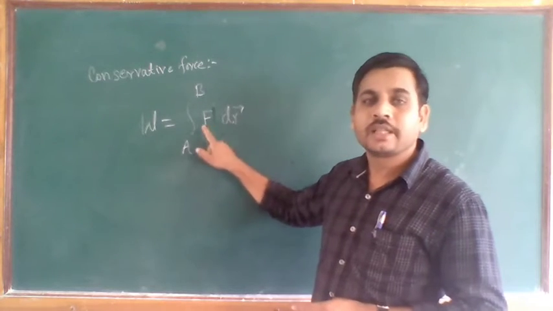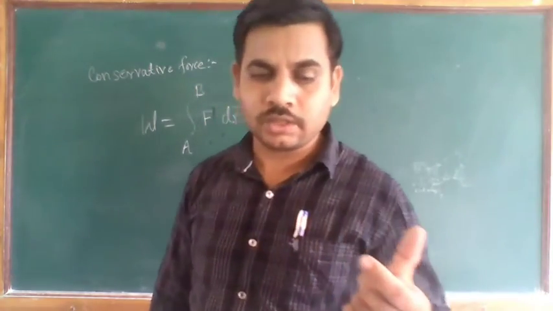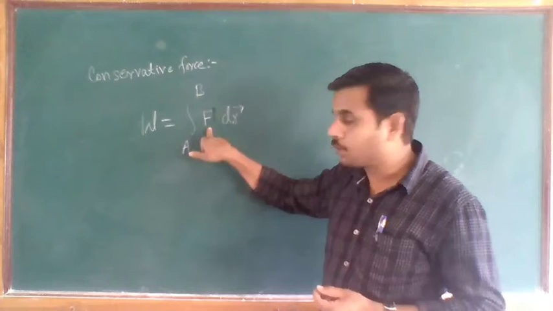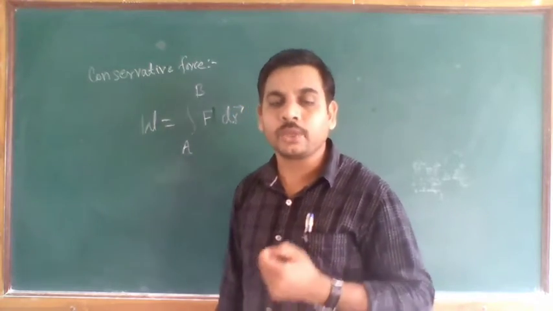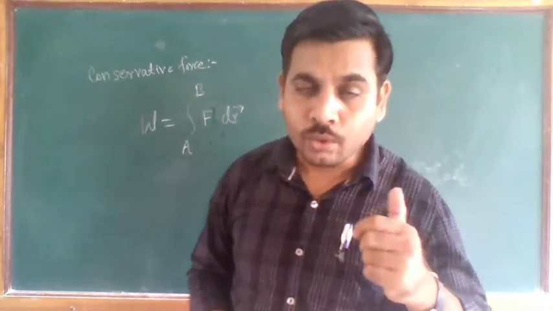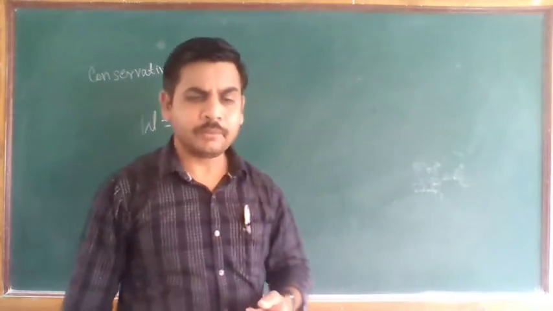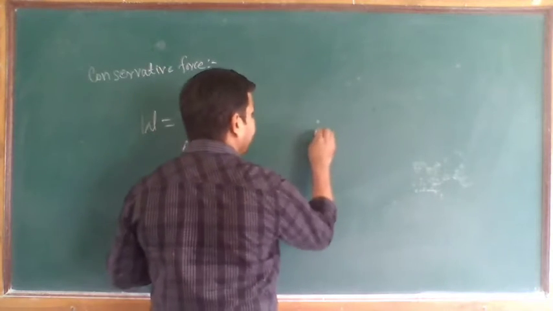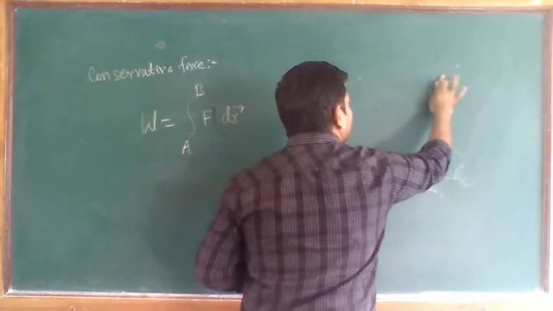If you apply the force, the object moves from point A to B. If the applying force is independent of that path, then we can say that it is a conservative force. If the work done depends on the path from A to B, let's just consider the particle moving from point A to point B, the second position.